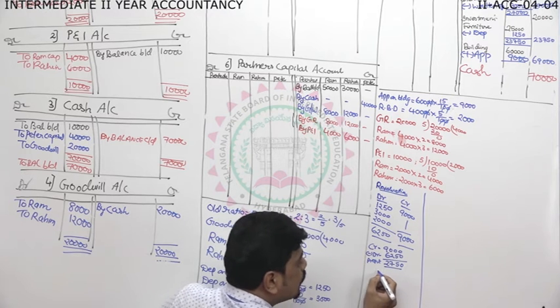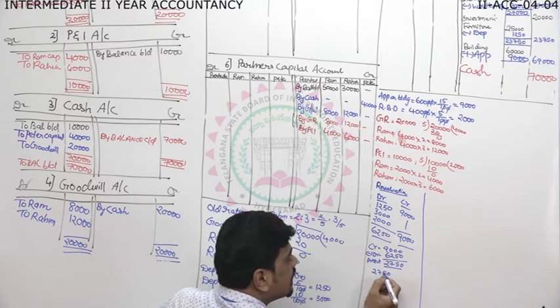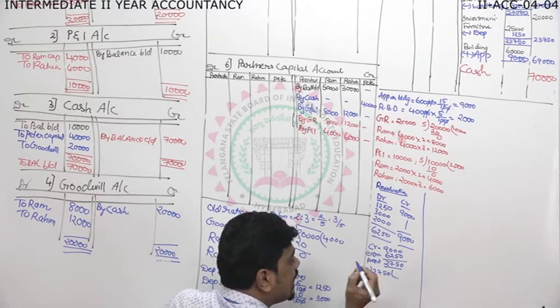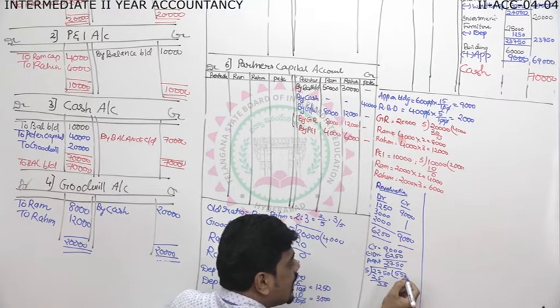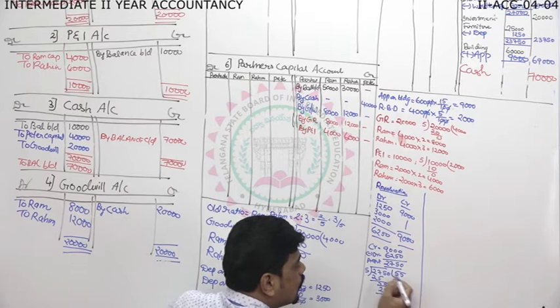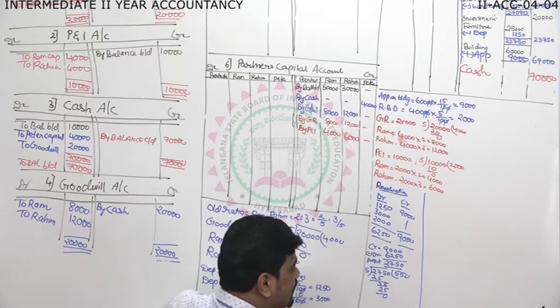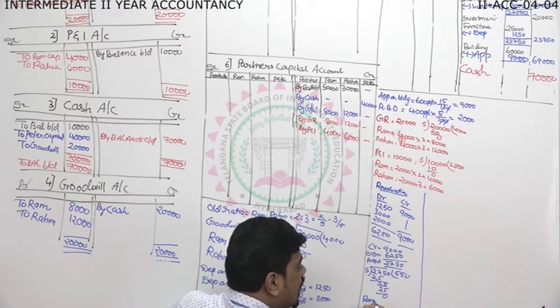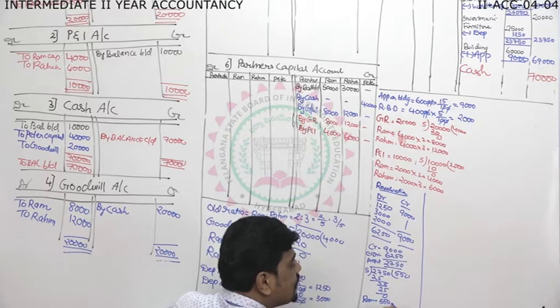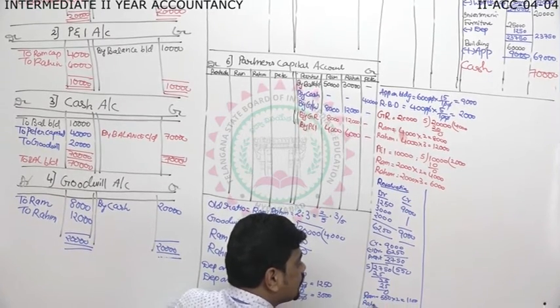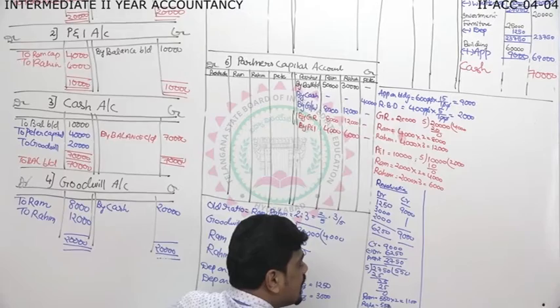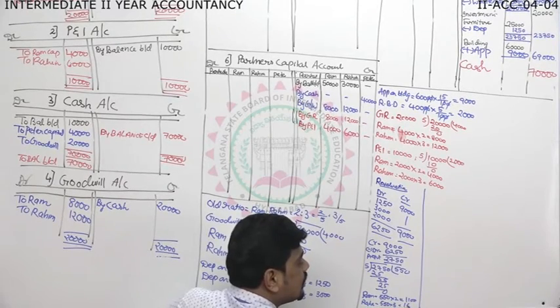Again, this 2,750, first I'll try to find the quotient by dividing by 5. 5 5s are 25, then 5 5s are 25, 0, 1, 0 left, we got 550. For Ram, 550 into 2, 1,100. Then Rahim, 550 into 3, 1,650.